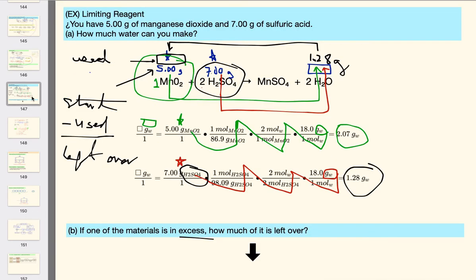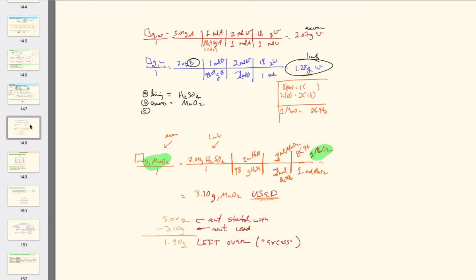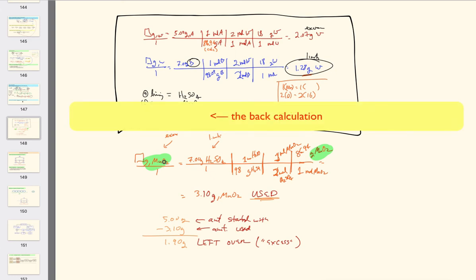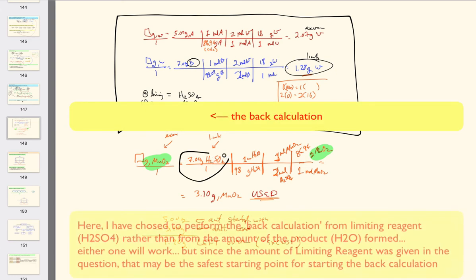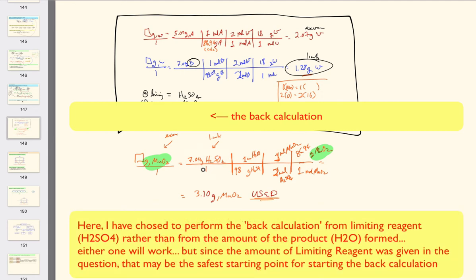But for the ones you can't do in your head, here's how you would work it out. Ask yourself the question, how much of the excess reagent, manganese oxide, will react with the given amount of limiting reagent?